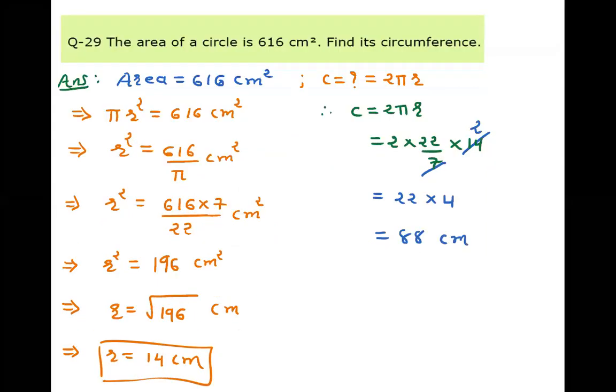Hope you understood. First of all, I need the radius. So by using the formula of area, I make r the subject, get the value of r and put it in the circumference formula. So hope you're clear. It's a really easy and simple example.